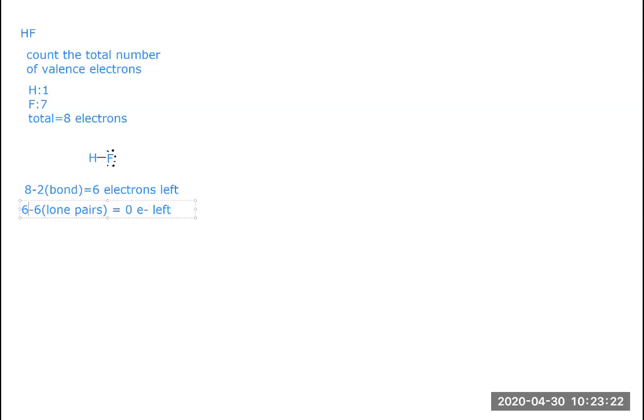and it's happy. And then let's verify we have 8 valence electrons in total, and here we have 6 around fluorine, plus 2 in the single bond, that's 8 in total. So what you want to do is check that we have 8 electrons in total, and check that we have an octet and duet.